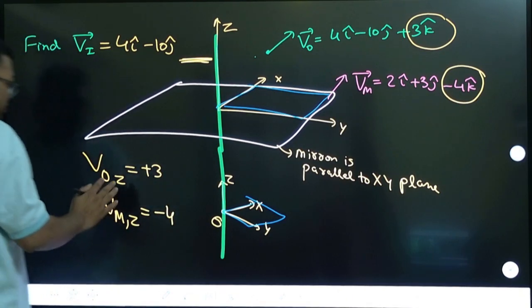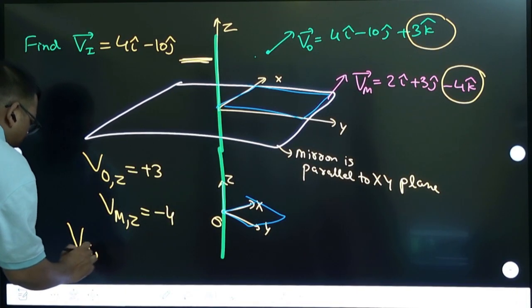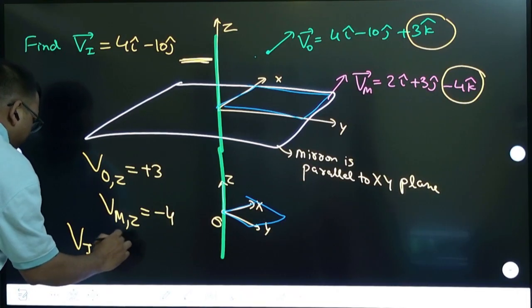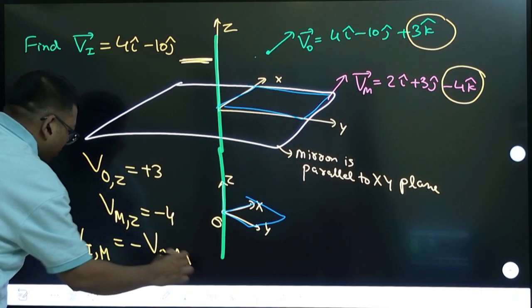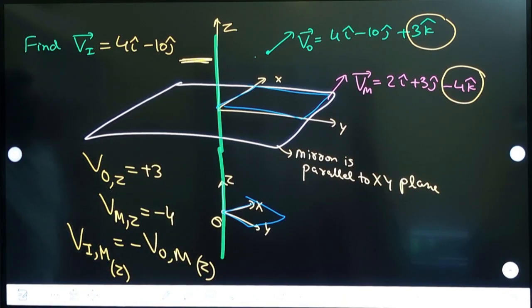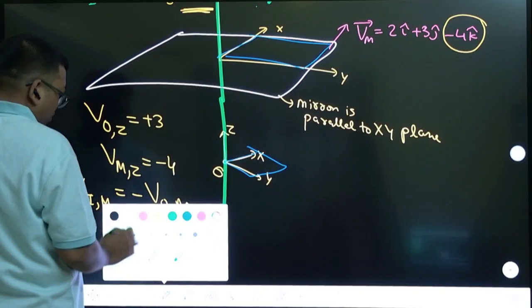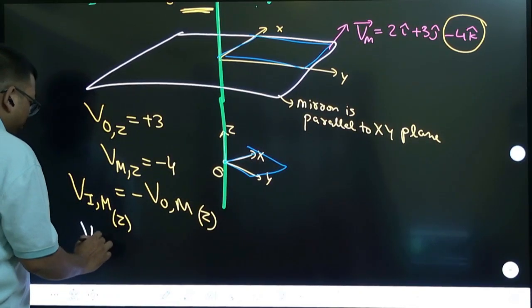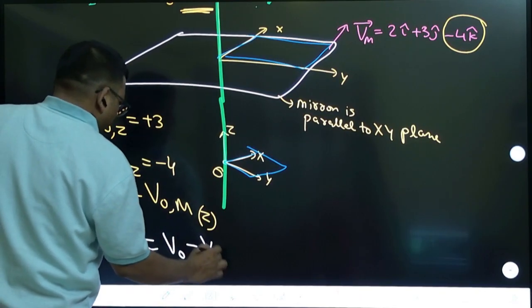Now let us apply the formula. The velocity of the image with respect to the mirror is equal to minus the velocity of the object with respect to the mirror. This is the z component calculation. So it is velocity of image minus velocity of mirror equals minus, velocity of object minus velocity of mirror.